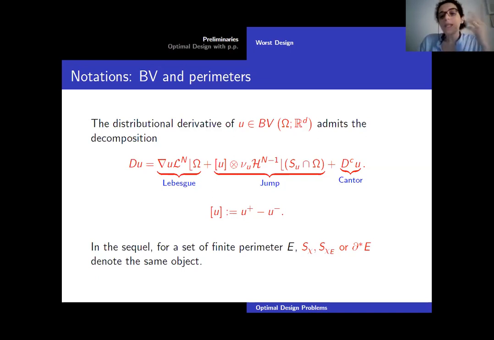I hope this won't create confusion. Usually there is a convention to say that chi plus is the set where it takes the value 1, and chi minus is where it takes the value 0.